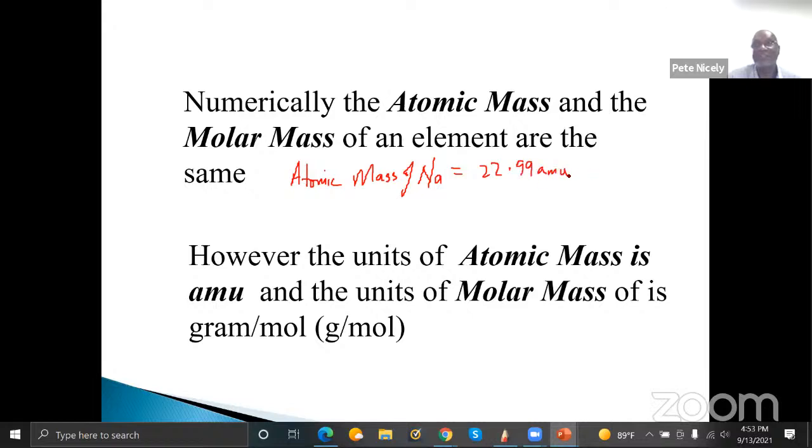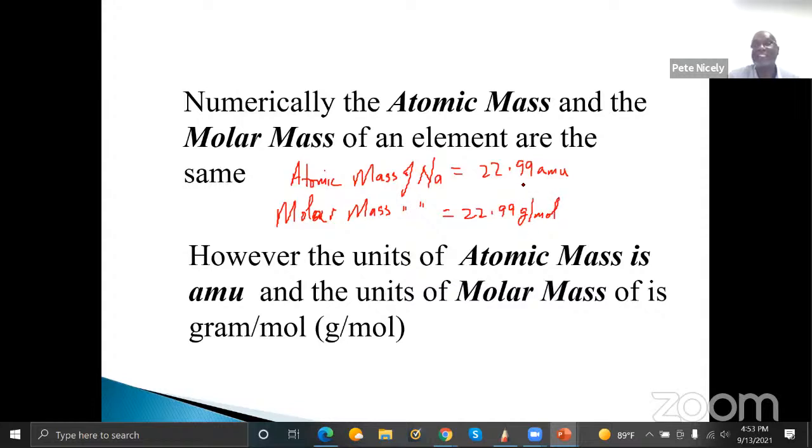That's the atomic mass of sodium. But the molar mass of sodium would be equal to 22.99 grams per mole, all right?